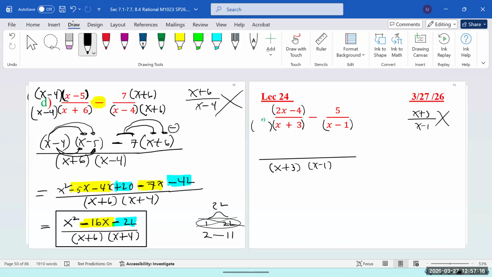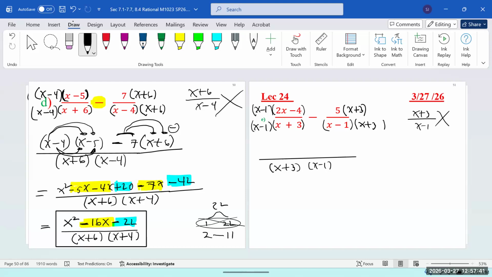X minus 1. So we multiply numerator and denominator by x minus 1. Now the second denominator only has x minus 1. What don't we have in our second denominator? We want to put x plus 3 here, so we multiply numerator and denominator by that.